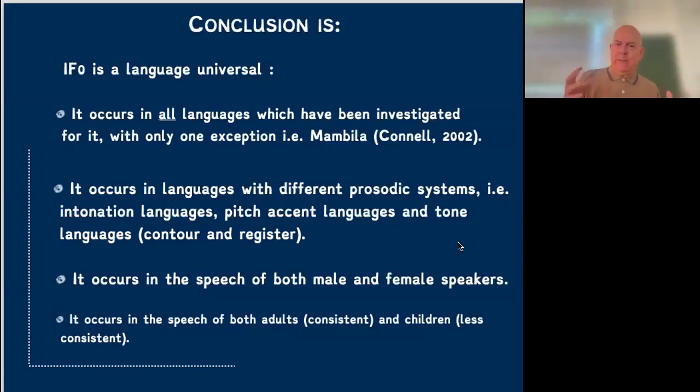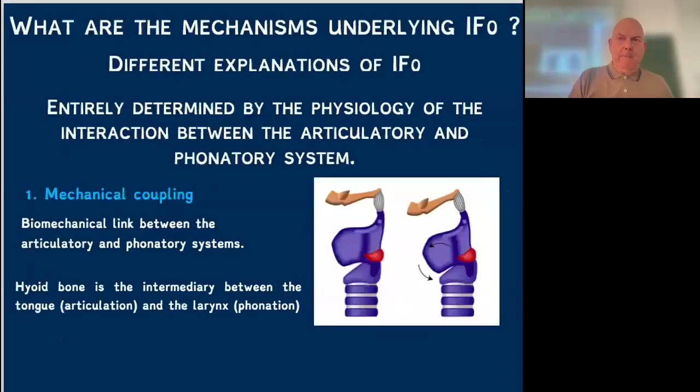So it's very consistent. It occurs both in male and female speakers. It does occur also in adults, and there's quite some evidence that it occurs in children as well. And so, I think, it's a strong conclusion that's difficult to argue with, the universality of that particular aspect, and I don't want to do that in any way.